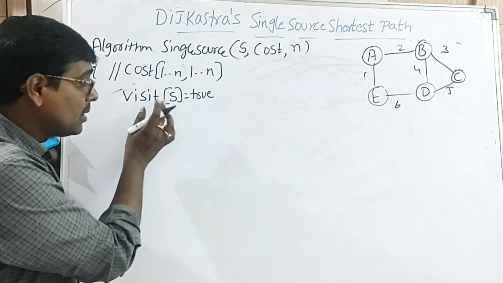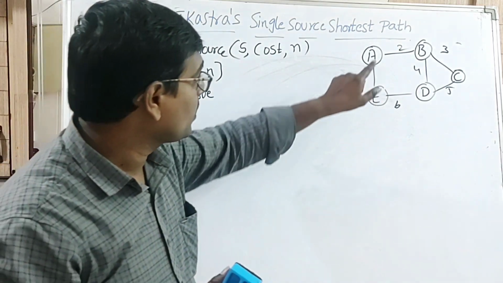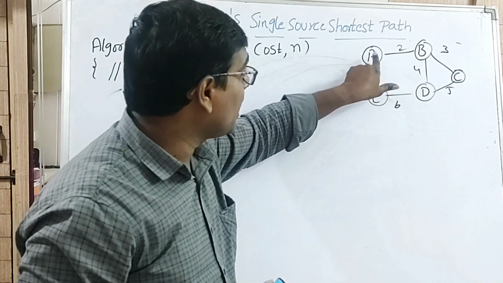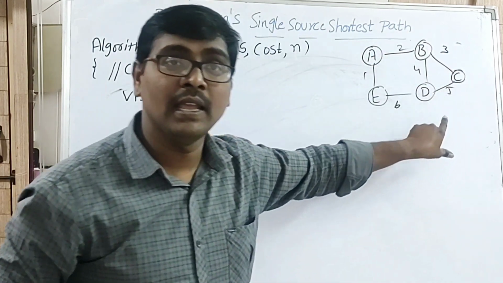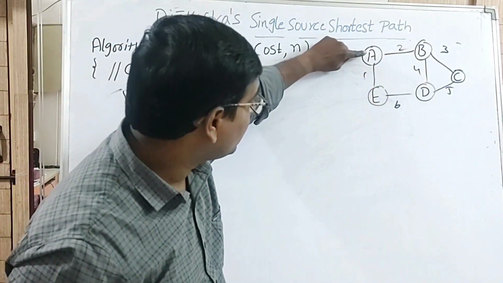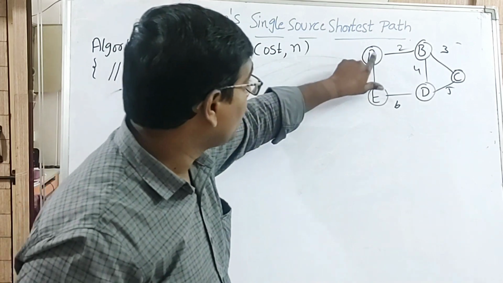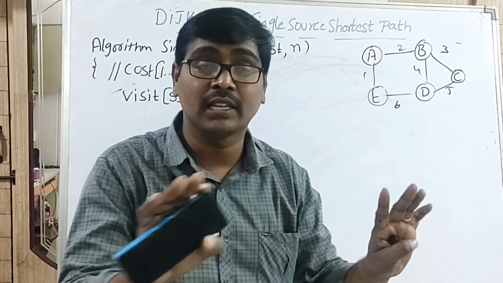Now, the next step. My source vertex is visited. The first step is to write down the direct distance from the source vertex to all the remaining vertices. The distance from A to B is 2. The distance from A to E is 1. From A to C and A to D, there are no direct edges.